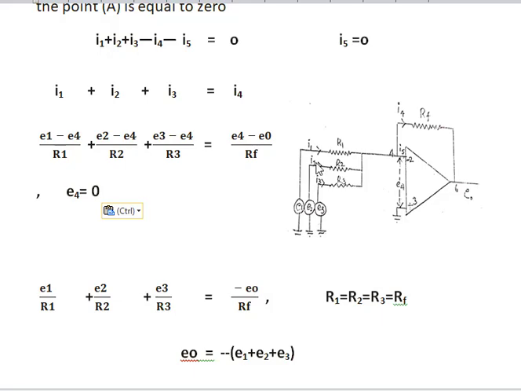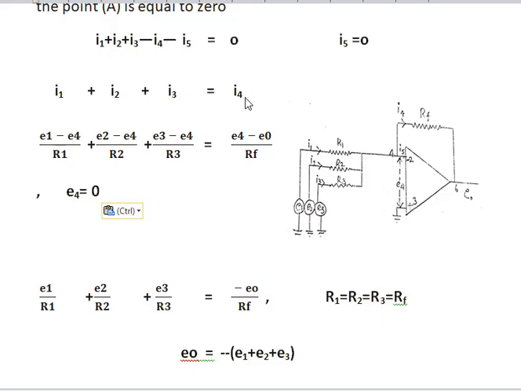And the current I2 is written as the potential difference E2 minus E4 divided by the resistor R2. And the current I3 is written as the potential difference E3 minus E4 divided by the resistor R3.